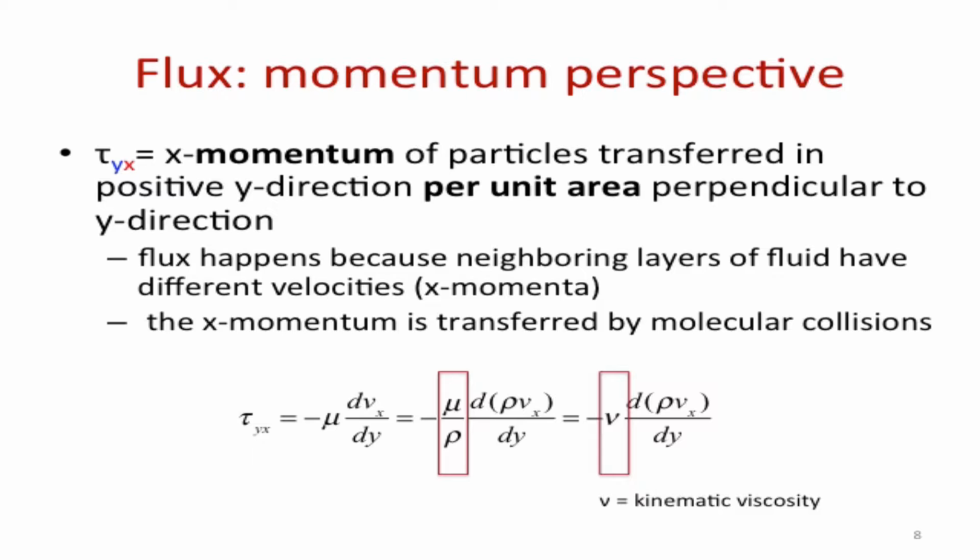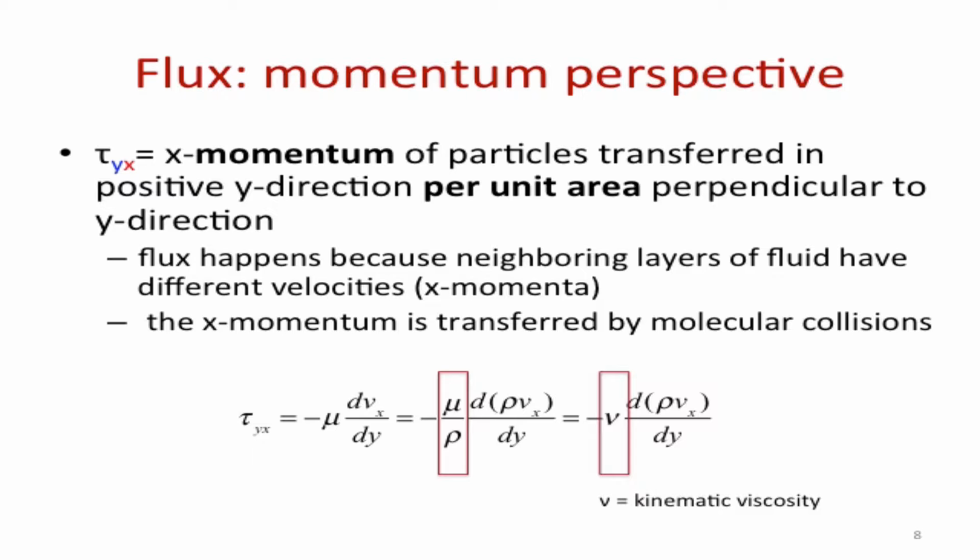Now, the momentum perspective is the x momentum of particles. So basically, momentum due to the velocities in the x direction. I'm going to refer to that as x momentum. So x momentum of particles in the positive y direction is transferred in the positive y direction per unit area perpendicular to that y direction.